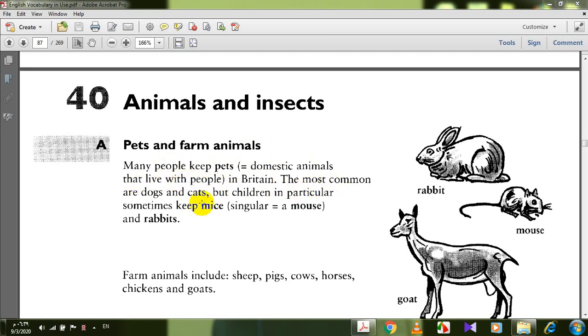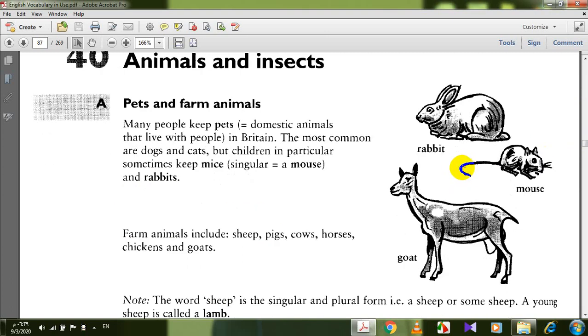The most common are dogs and cats, but children in particular sometimes keep mice. Mice, plural. A mouse, singular. And rabbits. Mice and rabbits, okay? We have a rabbit, goat, mouse.